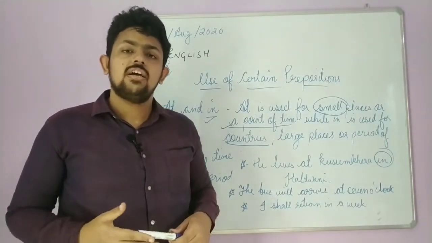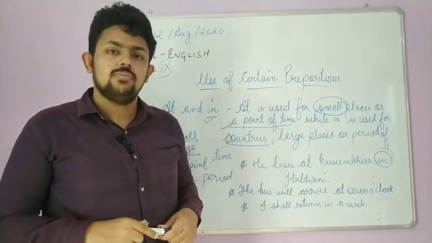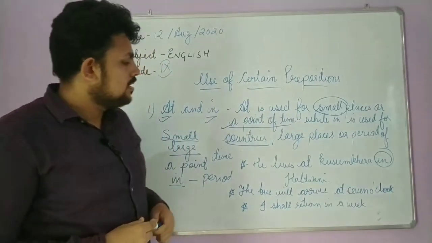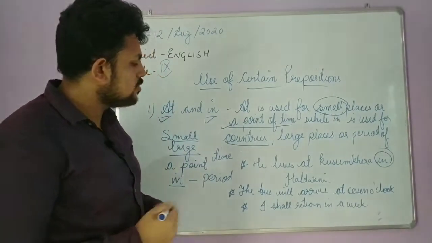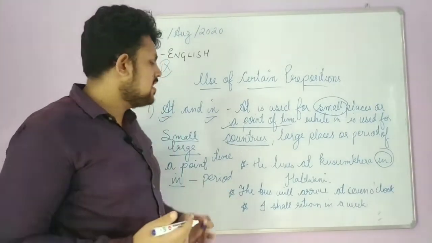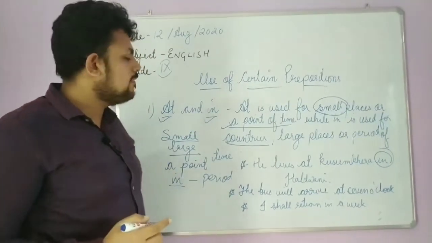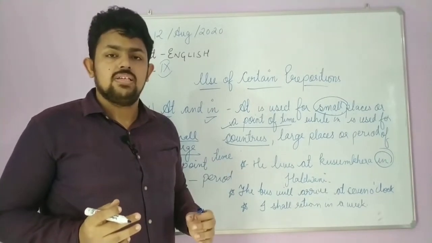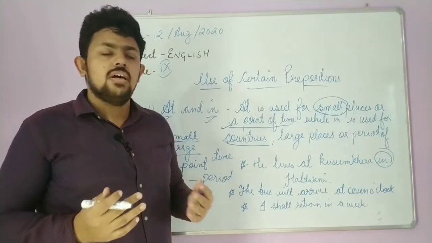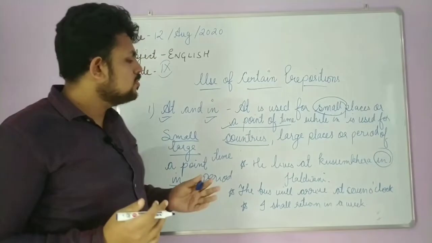He lives at Connaught Place in New Delhi. He lives at Marine Drive in Bombay. For all the large places we put in, and for indicating a small place, a specific place where one is residing, we use at.